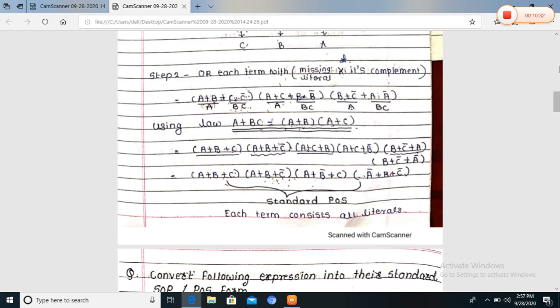For the second bracket, A + C is A in this Boolean law, and B·B bar is the BC term of the law. So we consider it as A + BC, apply the law, and split it into (A + C + B)(A + C + B bar). This is the result for the second term. The next term is the third term, B + C bar.